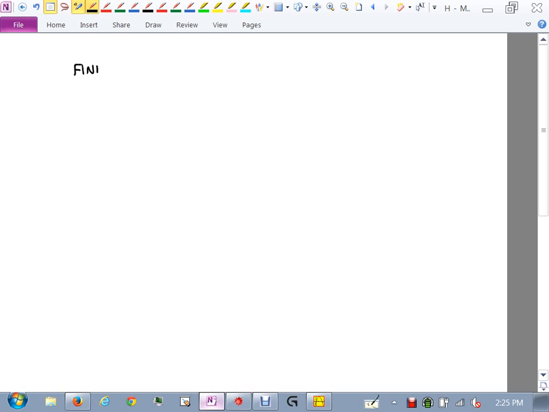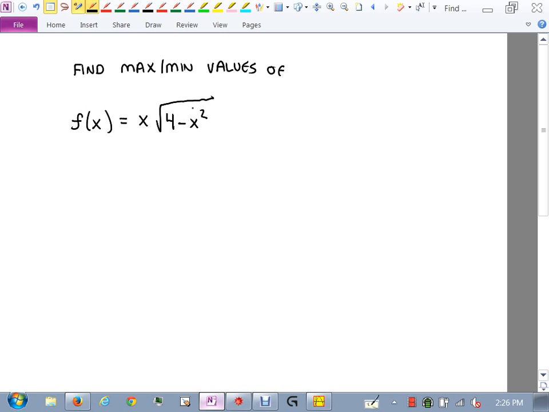Find the max and min values of f of x equals, man, okay, here we go, x square root of 4 minus x squared, on the interval negative 1 to 2.